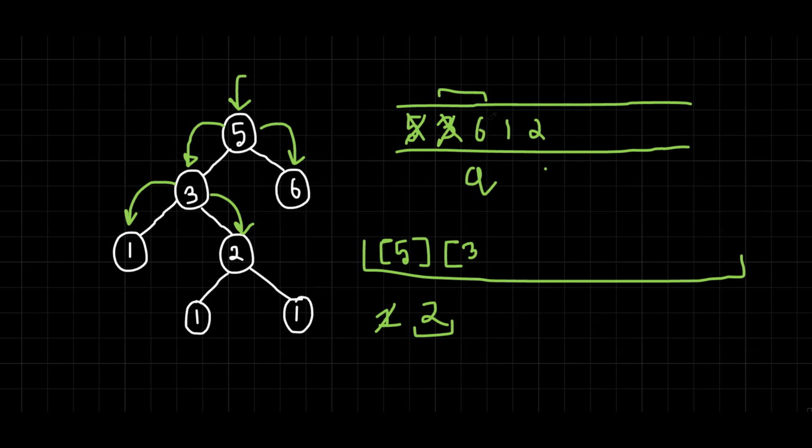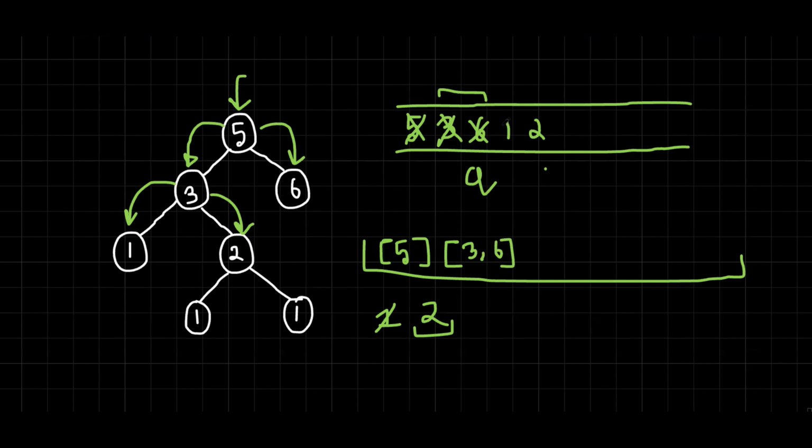The top element of the queue is now 6, so we insert 6 here. Now we remove 6. But 6 does not have any left or right children, so we don't insert anything into the queue. So we have found the second level.